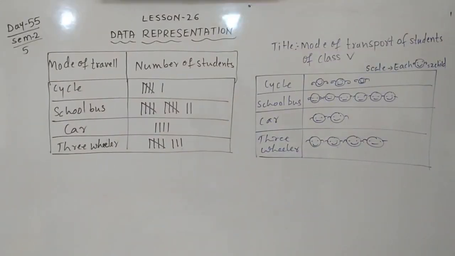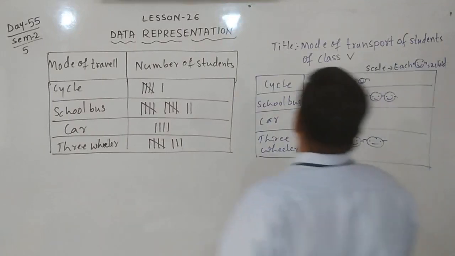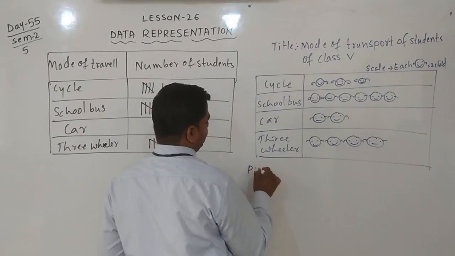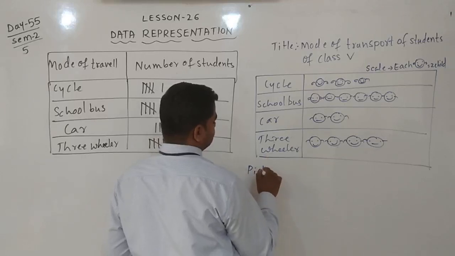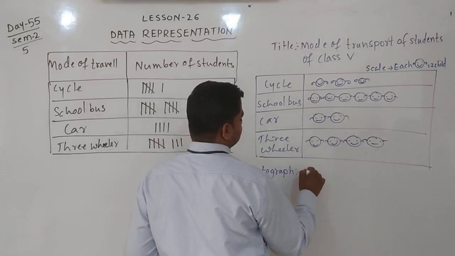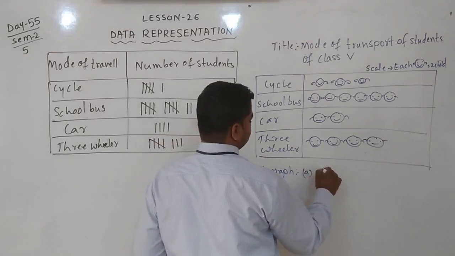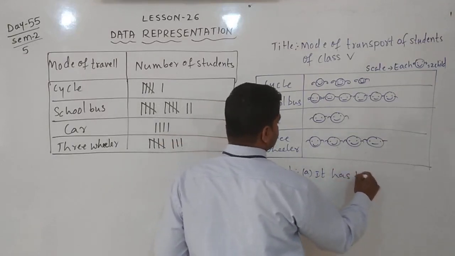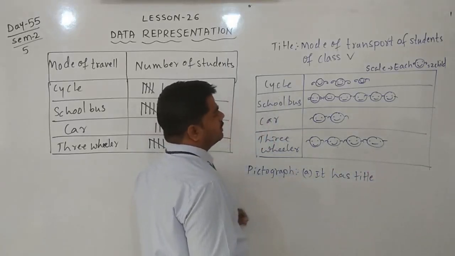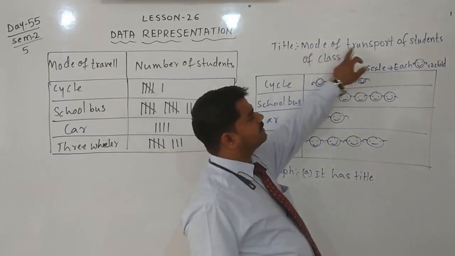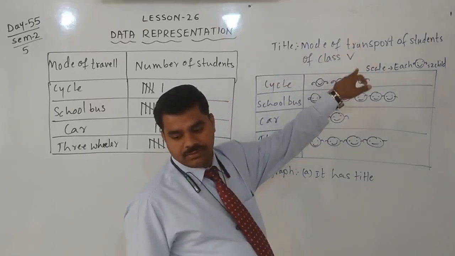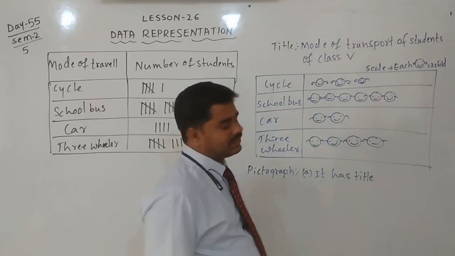This is the pictograph. It has a title, the title of the graph. It shows what is being represented.